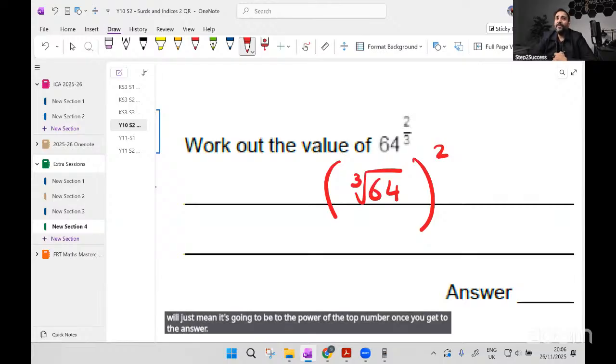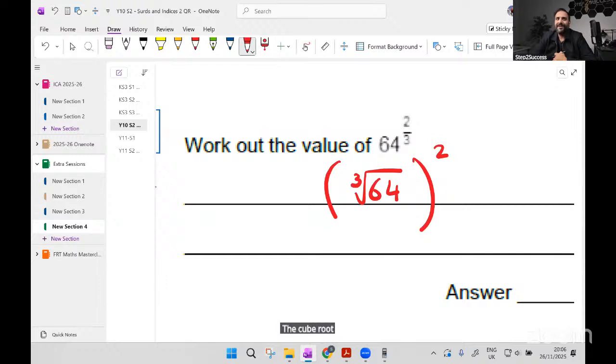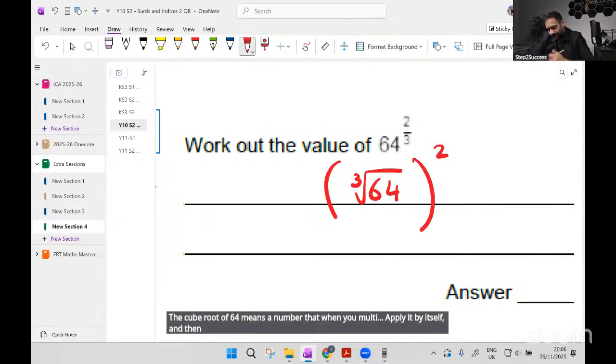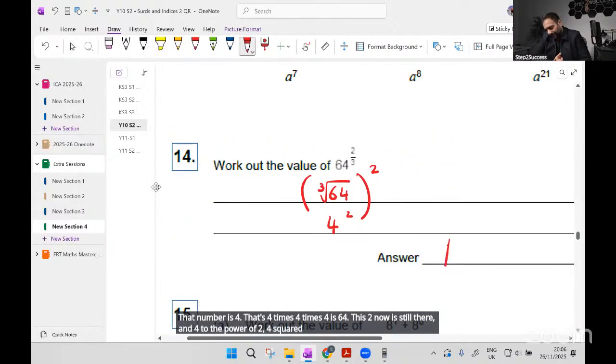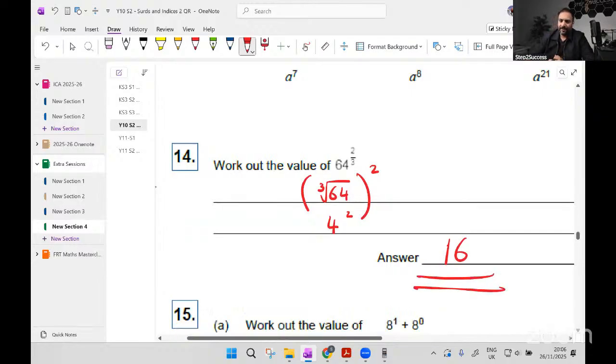The cube root of 64 means a number that when you multiply it by itself and then by itself again, you get 64. That number is 4. There's 4 times 4 times 4 is 64. This 2 now is still there, and 4 to the power of 2, 4 squared, is 4 times 4, which is 16, and that is the answer to that question.